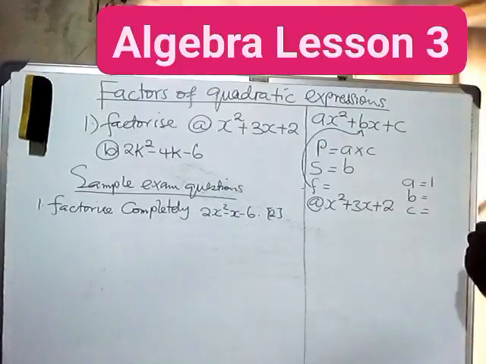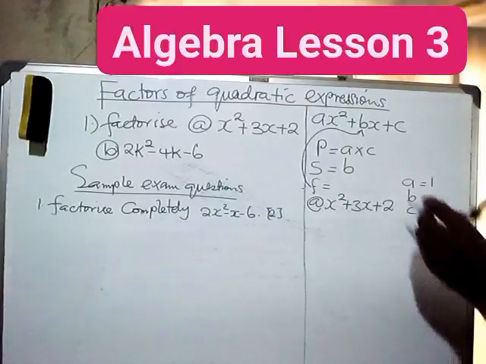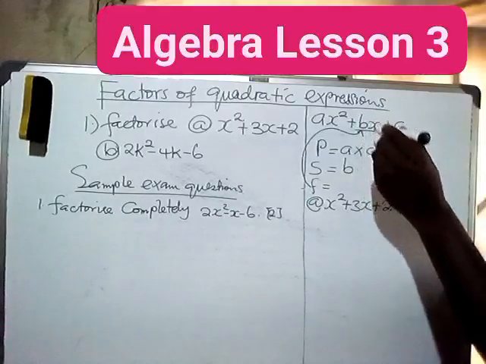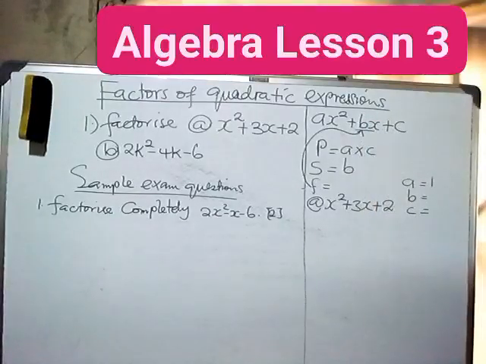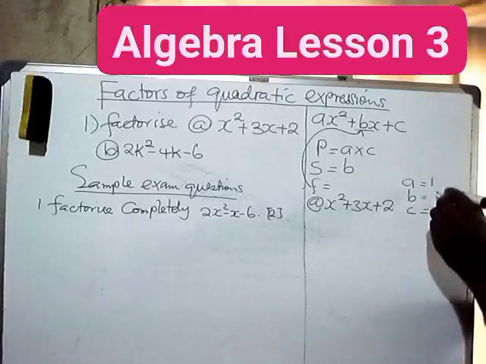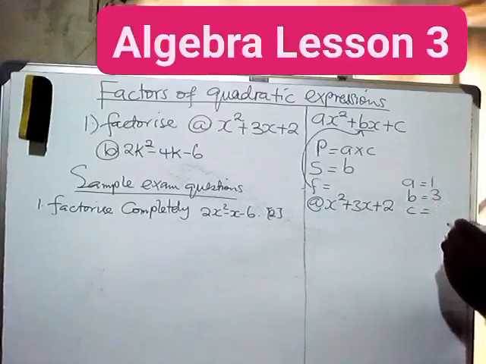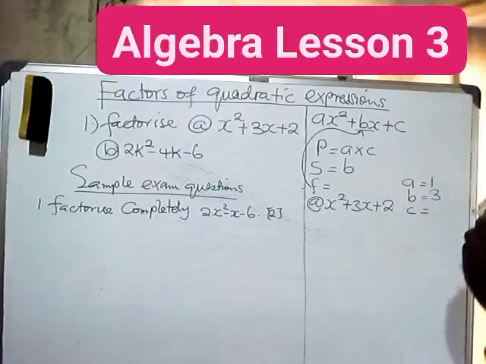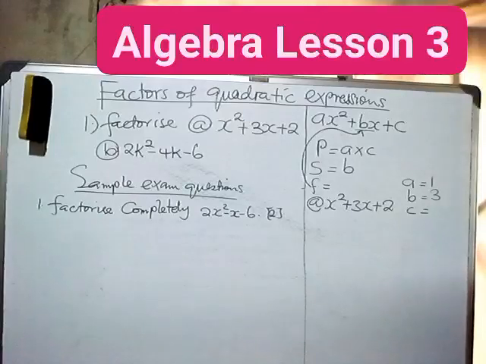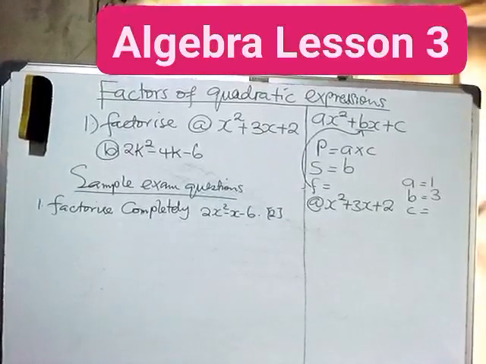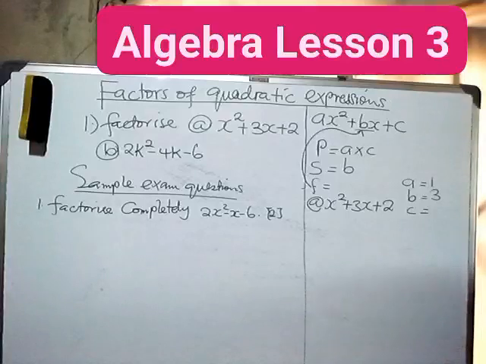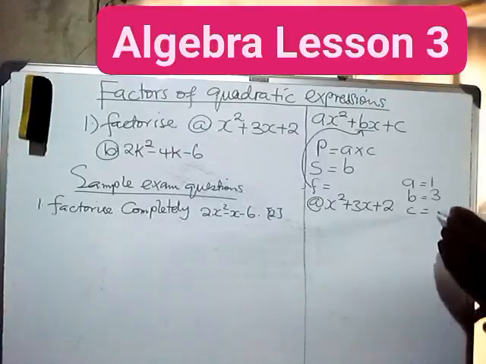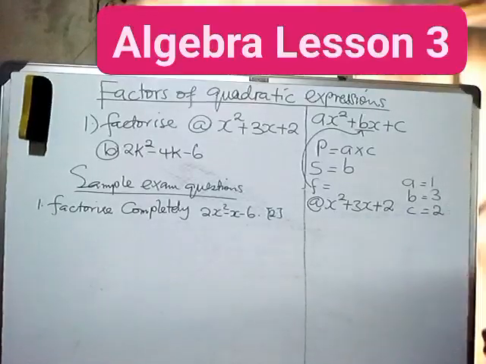Then the value of b is the coefficient in front of x, which is not squared. In this case, the value of b is 3. And the value of c is a constant number, a number without a variable. In this case, the value of c is 2.